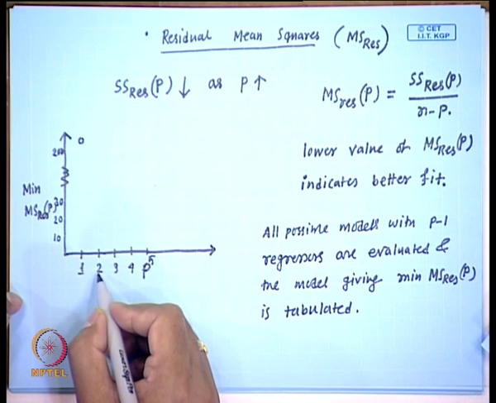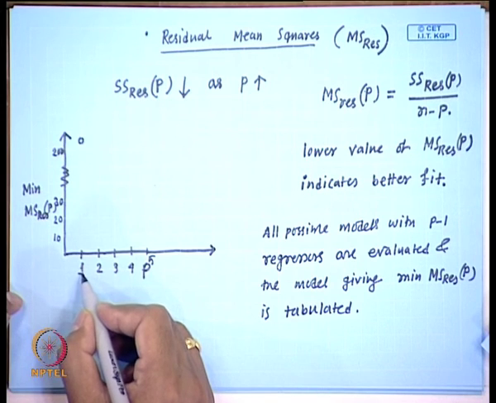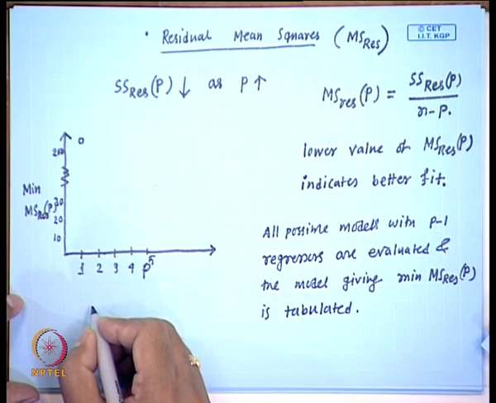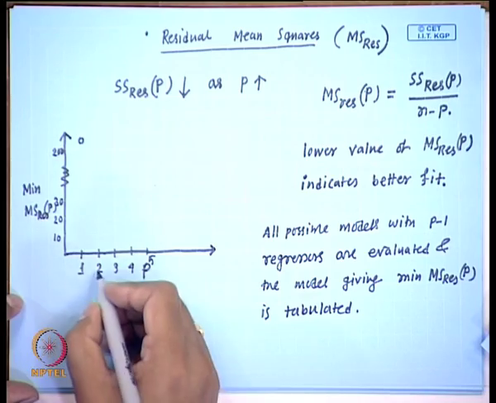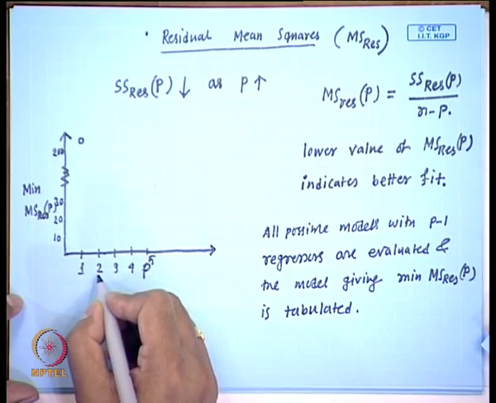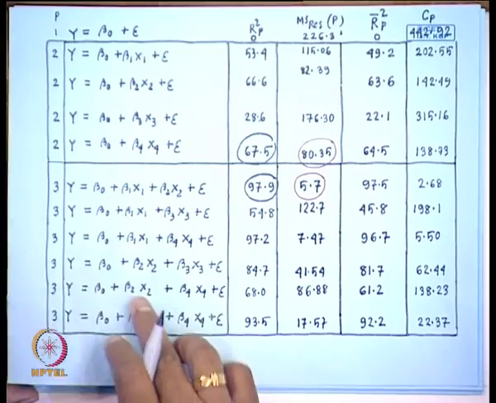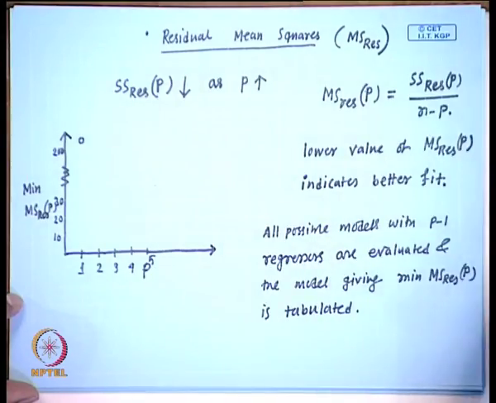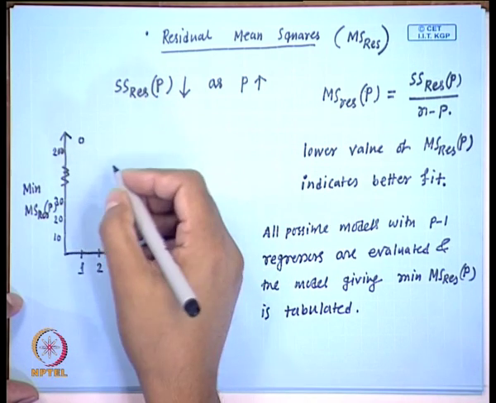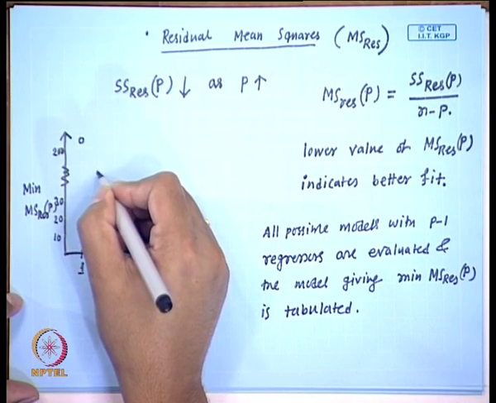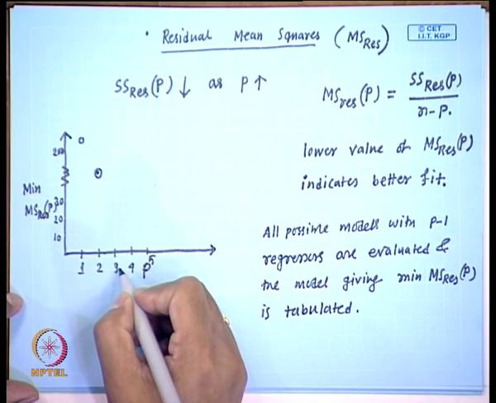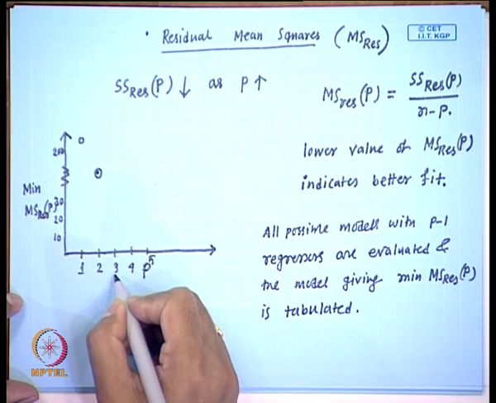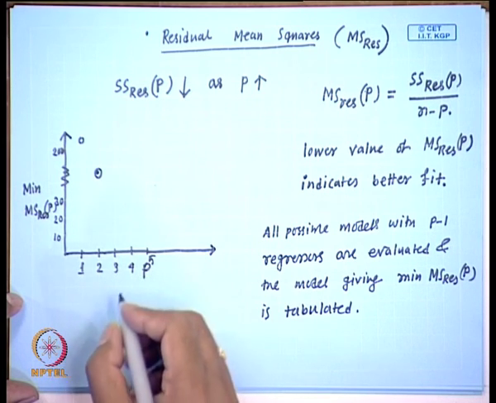Now, for p equal to 1, it is 2 to 6. For p equal to 2 it is 80.35. So, you plot somewhere here. I am not very particular about this scaling. Now, for p equal to 3 it is 5.7.